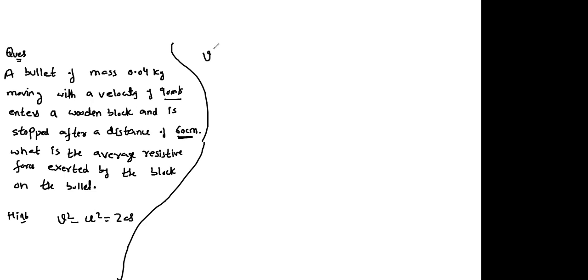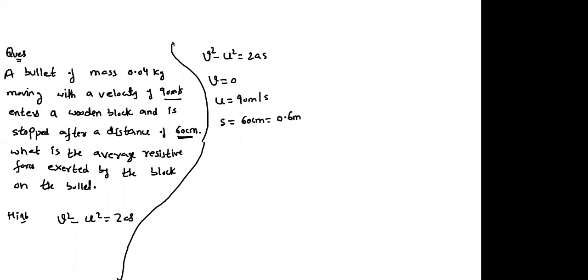You can easily use this equation v square minus u square is 2as. Your v is 0. Your u is 90 meter per second. Your displacement is 60 centimeter, which is basically 0.6 meter.